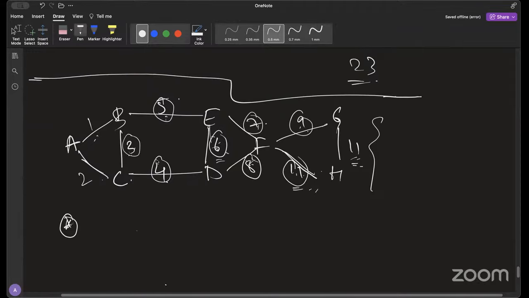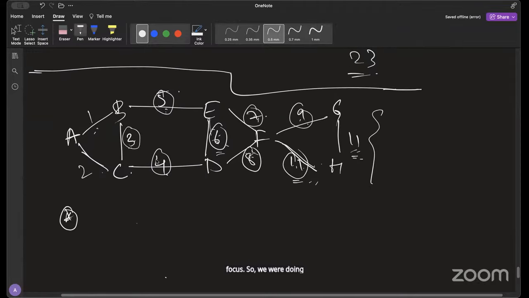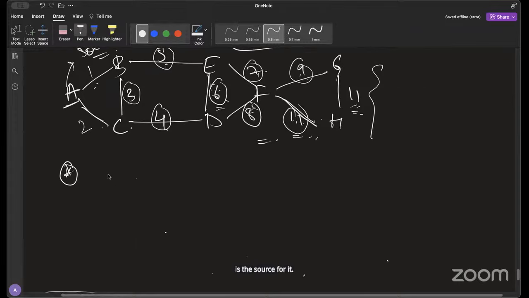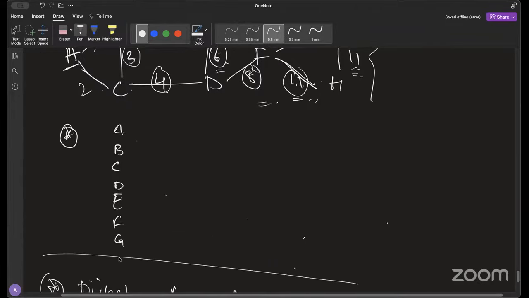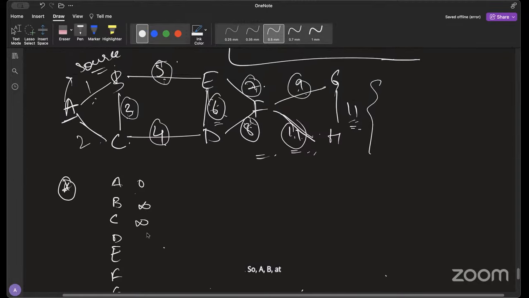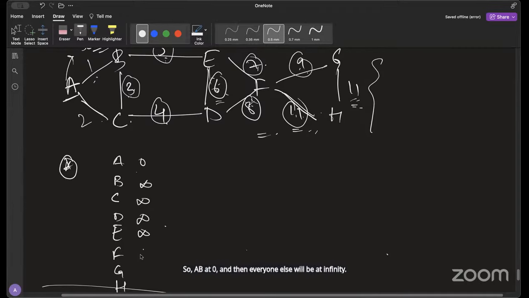Okay. So we were doing the Dijkstra. Let's just do the Dijkstra algorithm on this only. So let's just say we need to find the minimum distance of every vertex from this vertex. Let's call this the source vertex. A is the source vertex. So A will be at 0 and then everyone else will be at infinity.